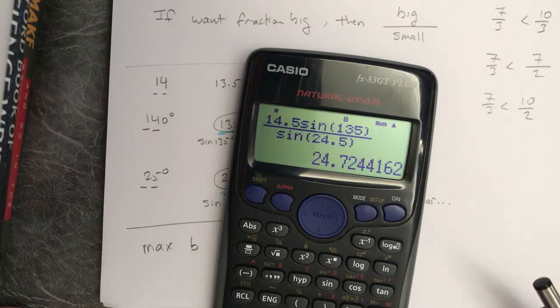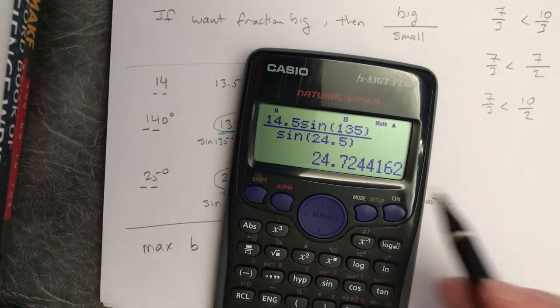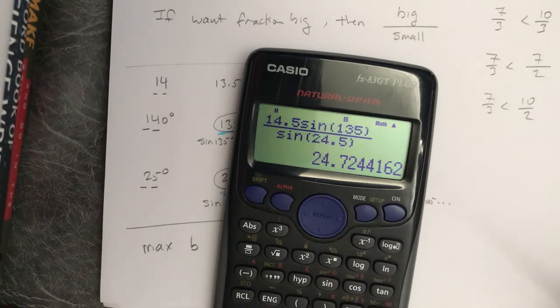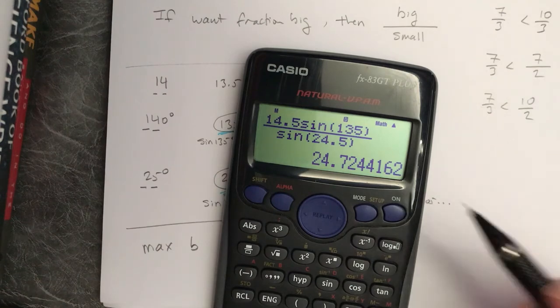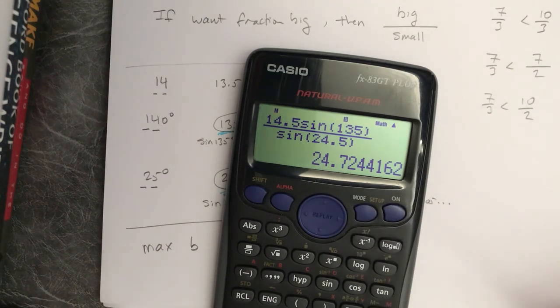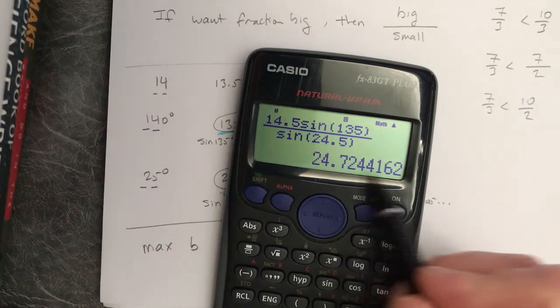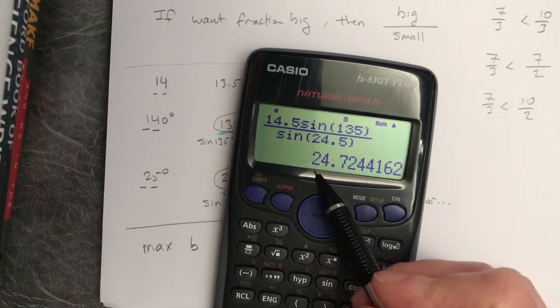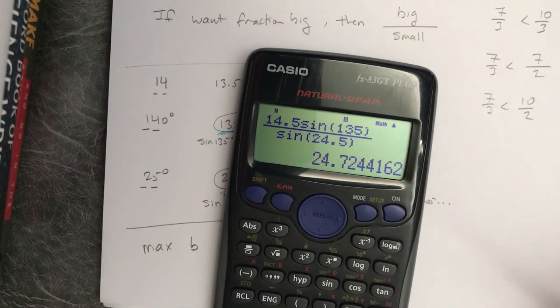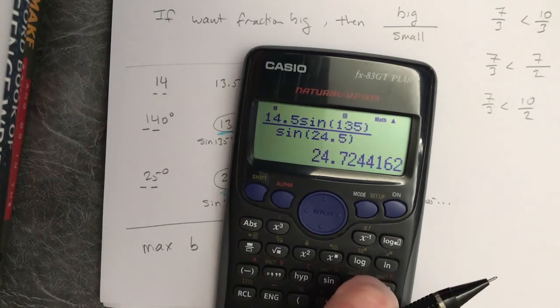Now the interesting thing is, how do I round this number to answer the question? The original question was to do with two significant figures. Should I give my answer to two significant figures? Do I want to say 25 is my upper bound? Do I want to be more precise and say 24.7 or 24.72? I have no earthly idea. So I'm going to pick one decimal place because I feel like it.